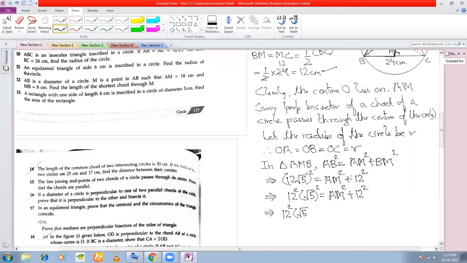You don't necessarily have to calculate 12 square and multiply it by 5. I'm giving you a better way. Root 5 square is nothing but 5, right? So 12 square into 5 is equal to AM square plus 12 square.